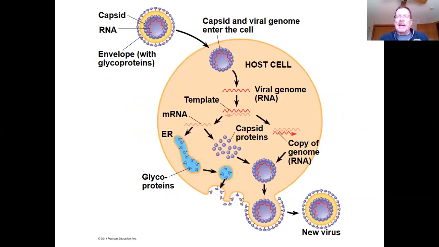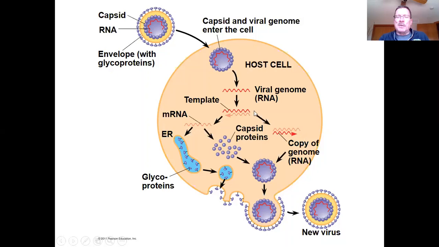What you see here, and I got this picture from your book, is not really showing the binding, but the virus enters into the host cell. Then the capsid is broken down by enzymes, and here's our viral genome. Using the cell's machinery, it then makes a template of its genome. What you see here is both things are copied.